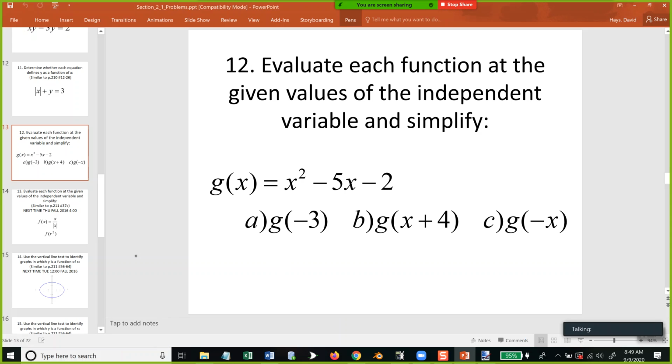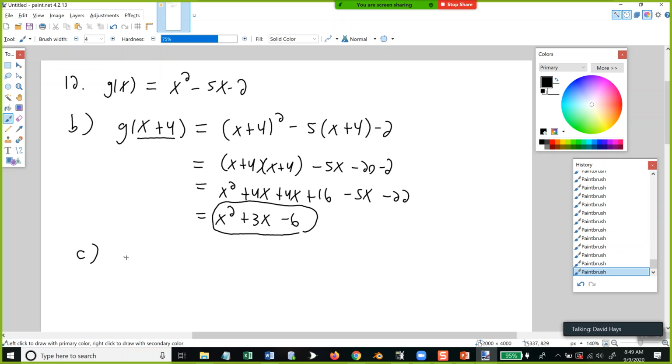Now C says find g of negative x. Again, same idea. You go through the same 3 steps. Step 1, replace all of our variables. We're looking at our original function up here. Replace all of our variables with sets of parentheses. So I got parentheses squared minus 5 times parentheses minus 2.